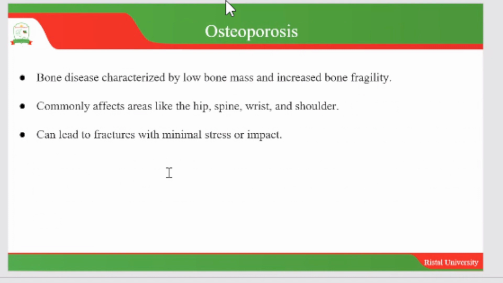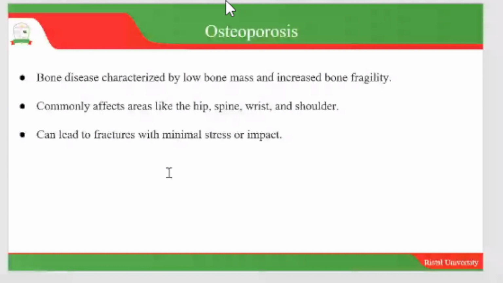This occurs when the body loses too much bone and makes too little bone, as simple as that in layman's language. So this makes the bones a little porous and easy to break. Okay, and they are very prone to those types of fractures, like you saw, the compound fractures and so on. And this affects areas like the hip, the spine, the wrist, and the shoulder.